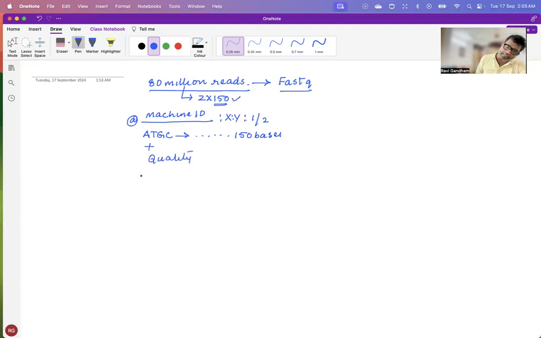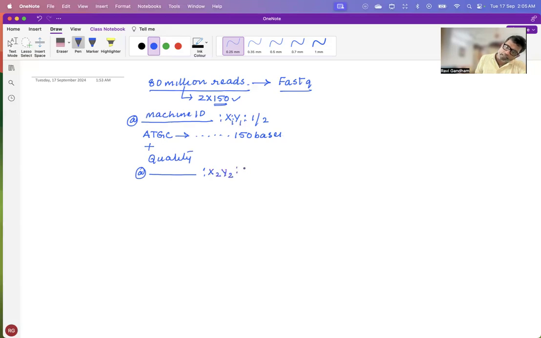And then starts the next read, again followed by the @ sign, again the same machine ID. To differentiate this read from the next read, let us make it X1, Y1, and this will be X2, Y2.